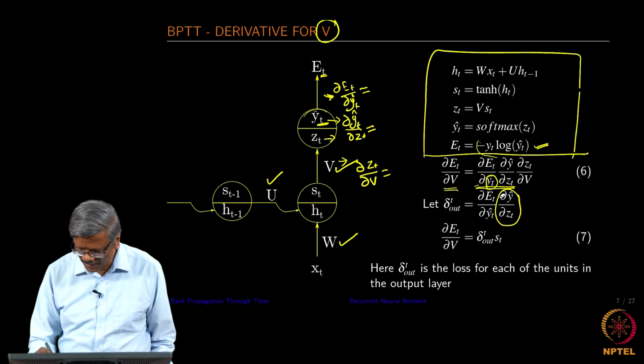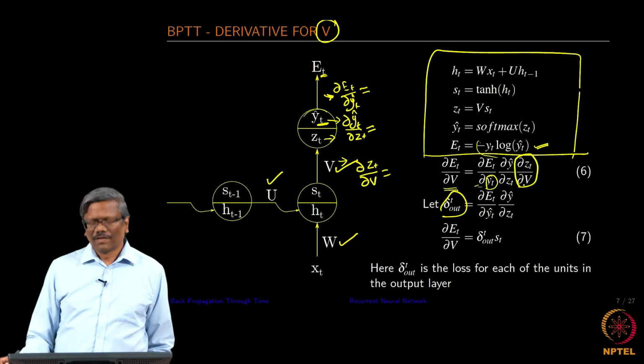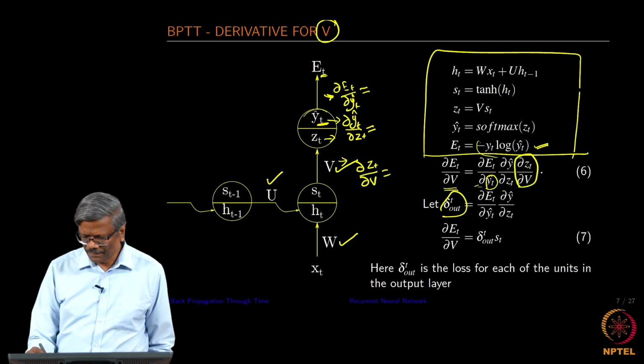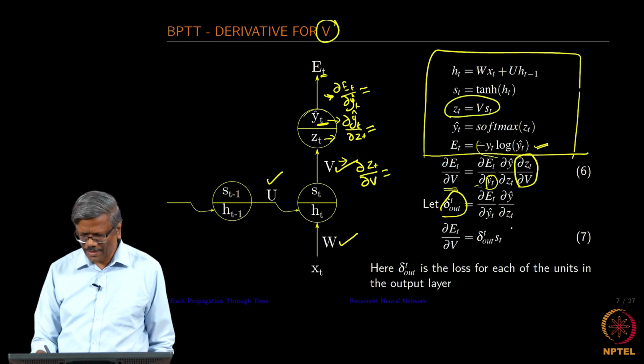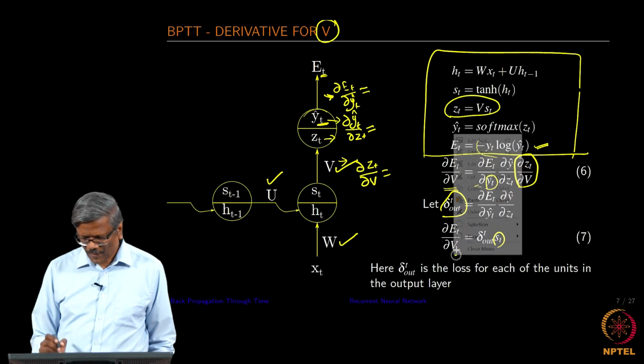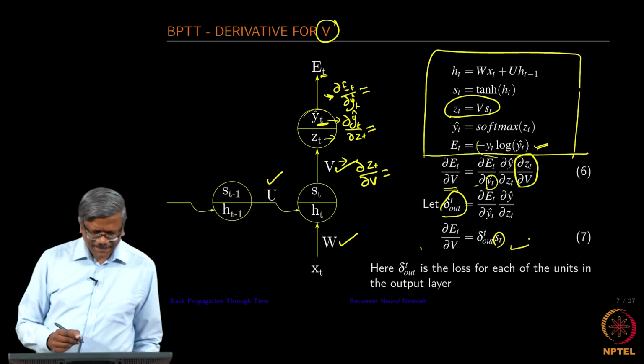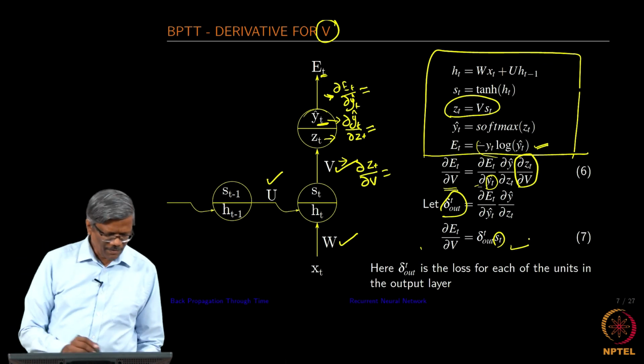Sorry, this is what we are calling delta t out. Then we are doing the partial derivative of dou z t with respect to v, and what you get is s t. So, the error with respect to the value here is delta t out into s t. This is the derivative for v.